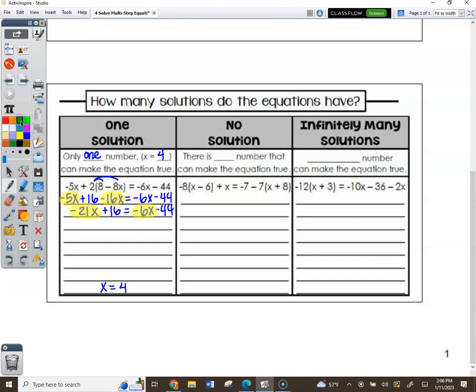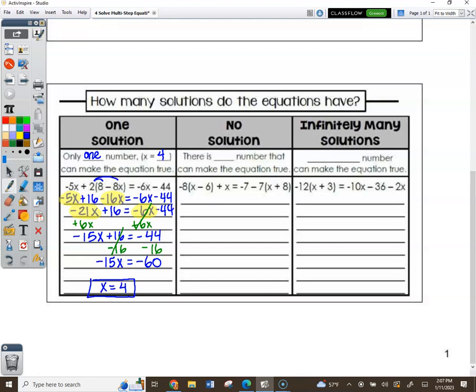I'll change colors so you can see my work. So that is negative 15x, bring down the rest. Then I'm going to subtract 16. So you get negative 15x equals negative 60, and you end up with 4, right?